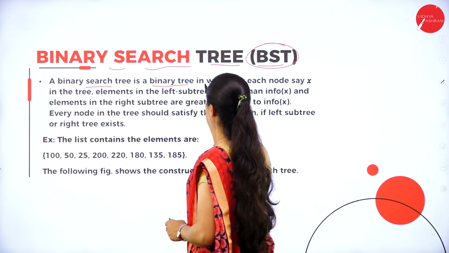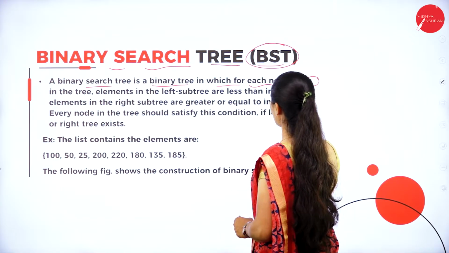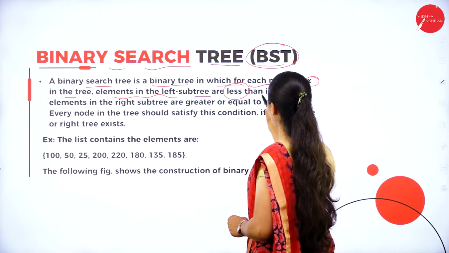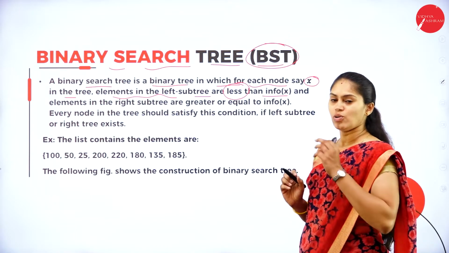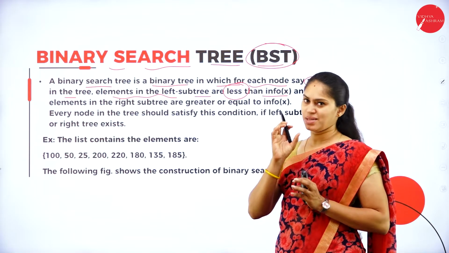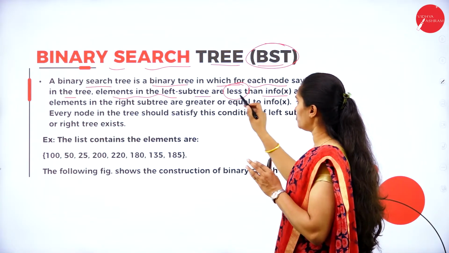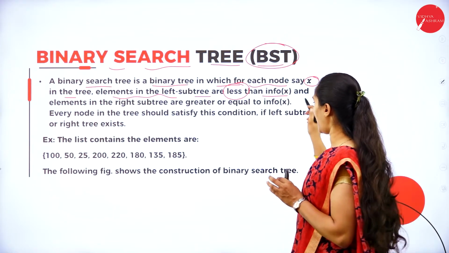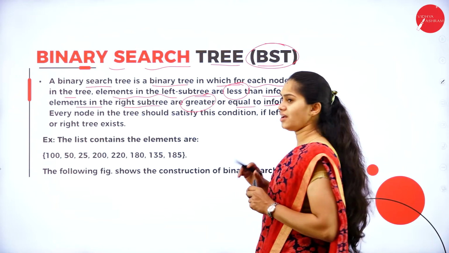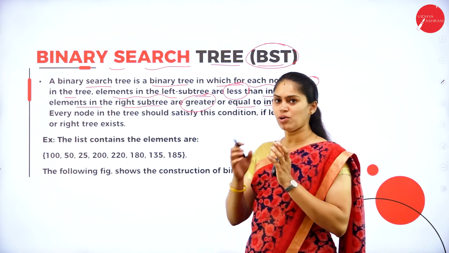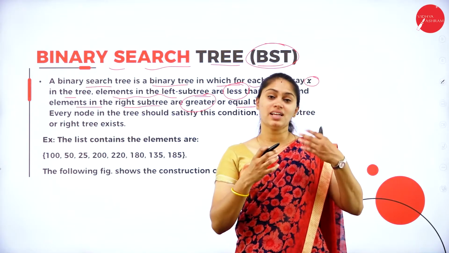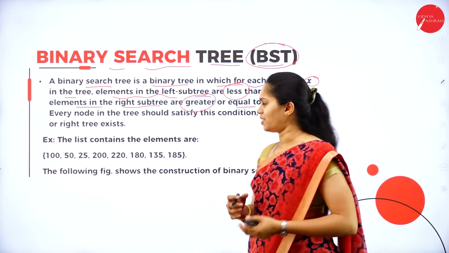A binary search tree is a binary tree in which for each node, consider that node as X, the elements in the left subtree are less than the info of X. So if I consider the tree as a binary search tree, I have a root node X with some value, and the left subtree values must be lesser than the info of X, and the elements in the right subtree should be greater than or equal to the info.